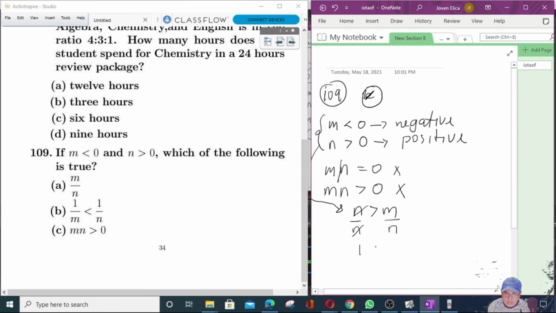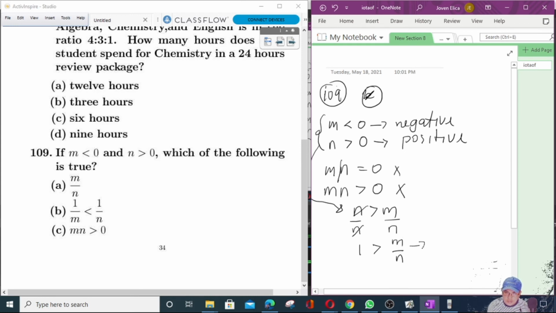So this is 1 greater than m over n, which is correct because m is negative and n is positive, so 1 is greater than this.